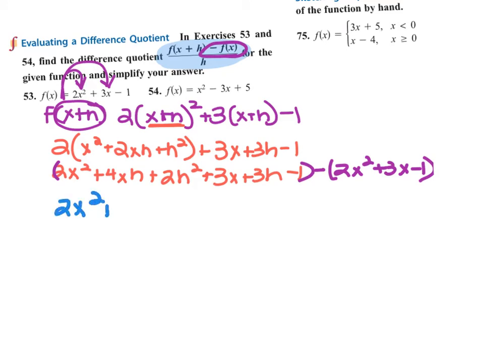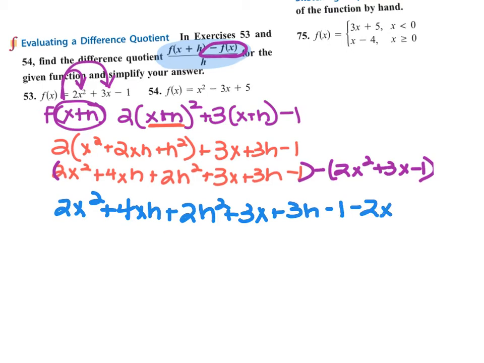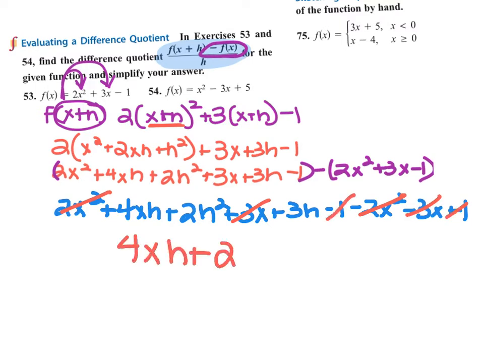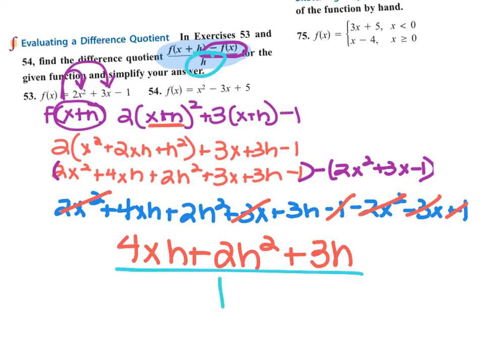So 2x squared plus 4xh plus 2h squared plus 3x plus 3h minus 1 minus 2x squared minus 3x plus 1. And then 2x squared, negative 2x squared, 3x, negative 3x, and negative 1 and positive 1. So I have 4xh plus 2h squared plus 3h. And the last step is to put it over h. So all that goes over h.